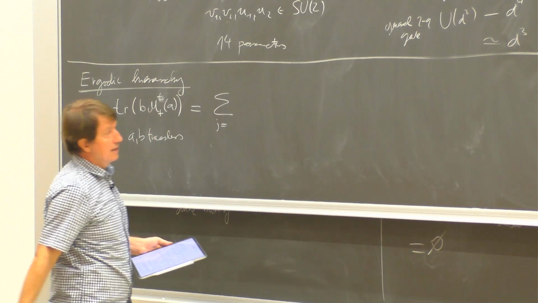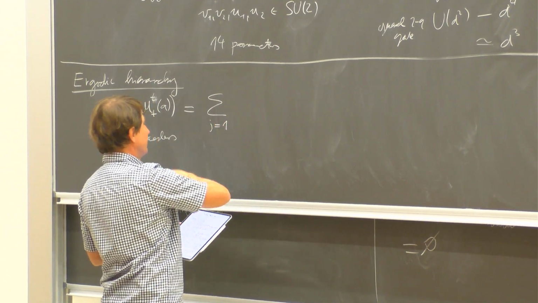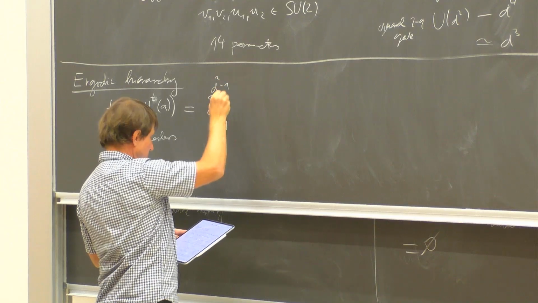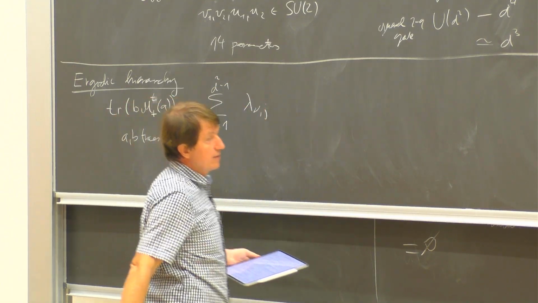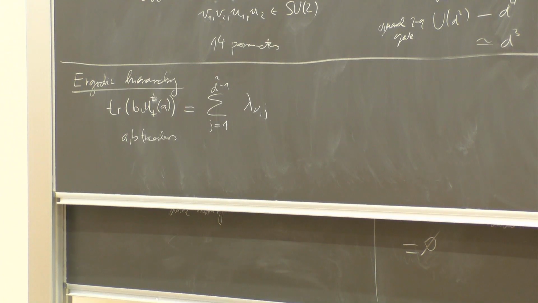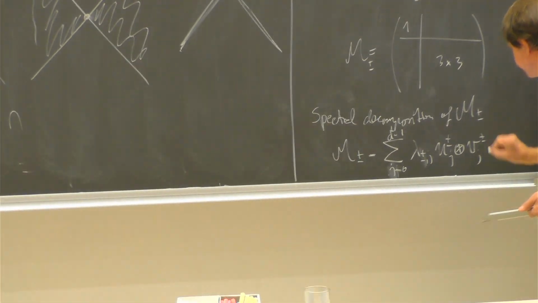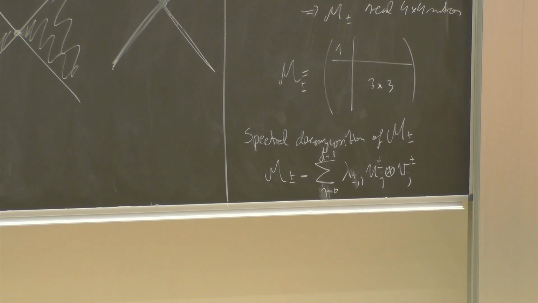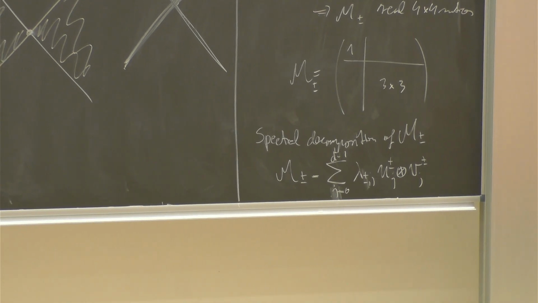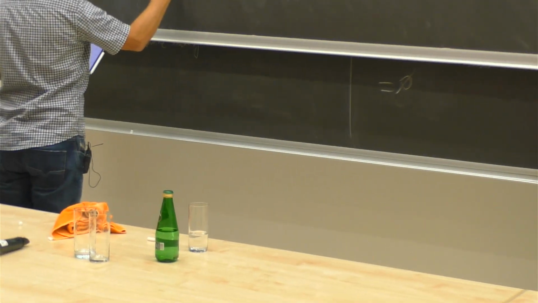If they're traceless, then the first term doesn't contribute. So here I have a sum from 1 to d squared minus 1, and here we have lambda mu j. Let's put a second index on the lambdas also, because there are two sets of lambdas and two sets of eigenvectors. So let's put here a nu, and mu can be plus or minus.